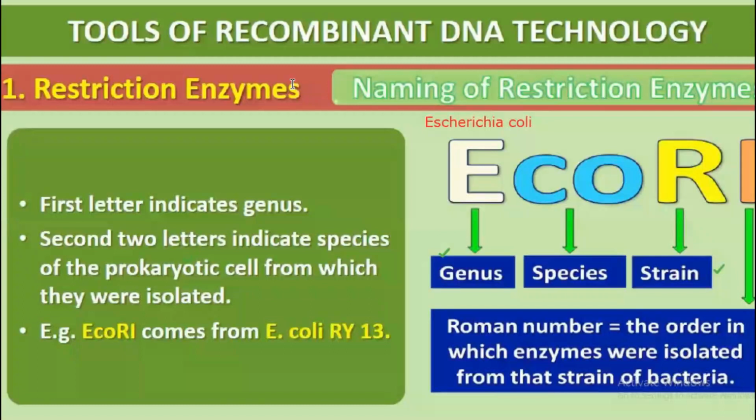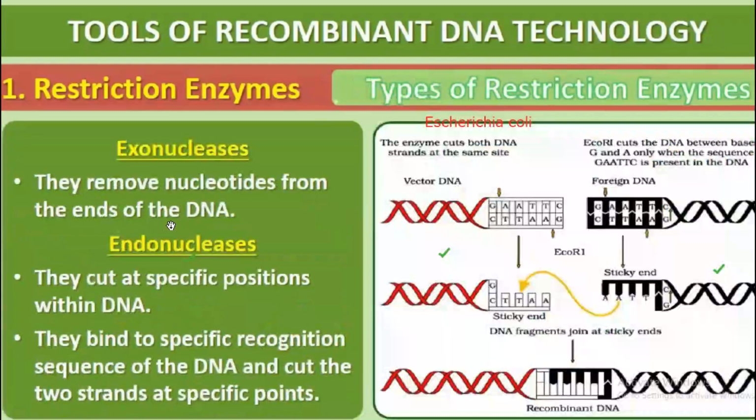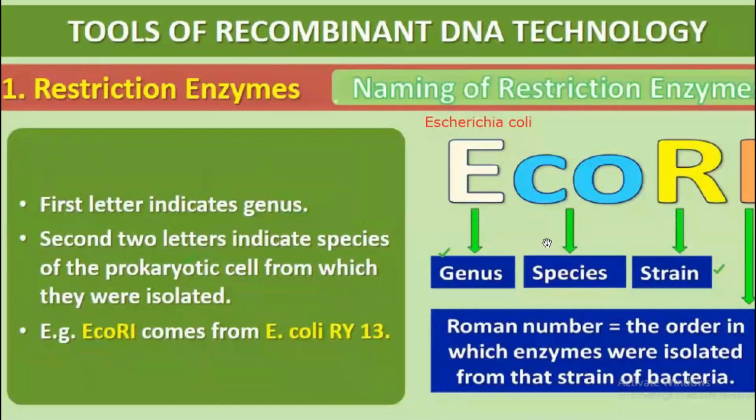That name you can see here, E. coli RY13. Here, what about this? R is the type or the strain of that bacterium. And what about this number 1? Roman number 1 indicates the order in which enzymes were isolated from that strain of bacteria.